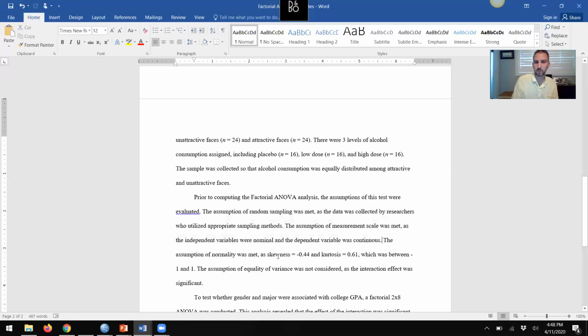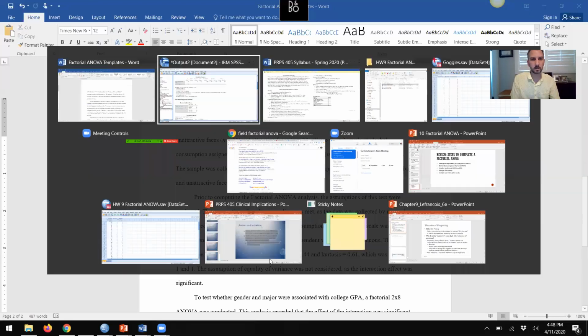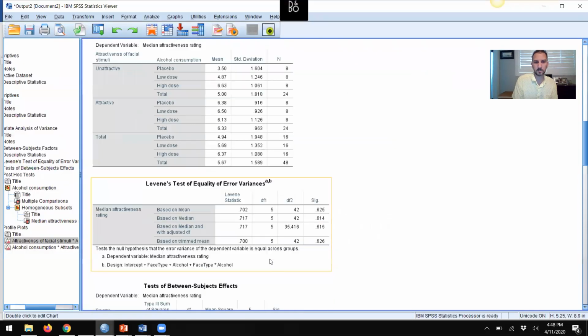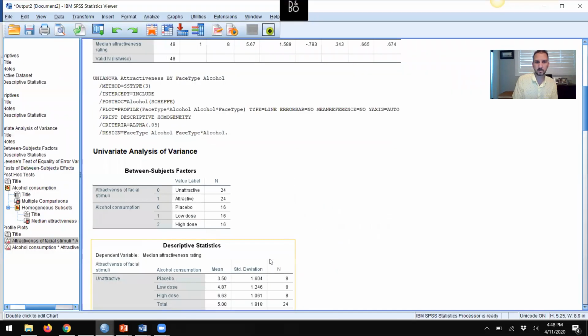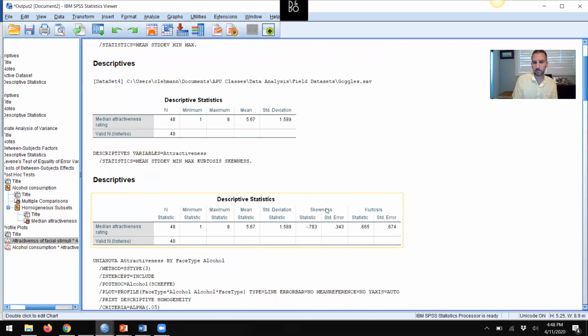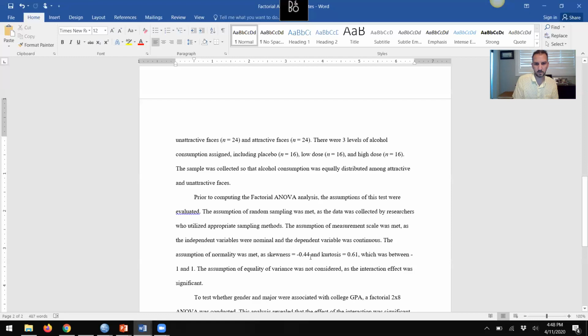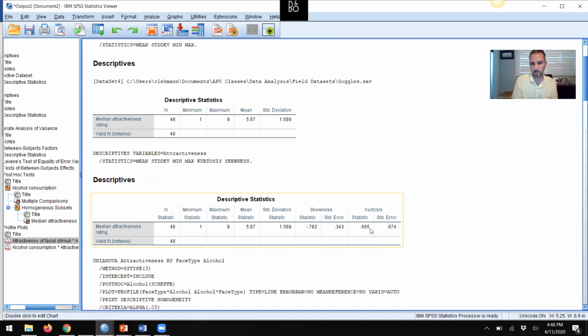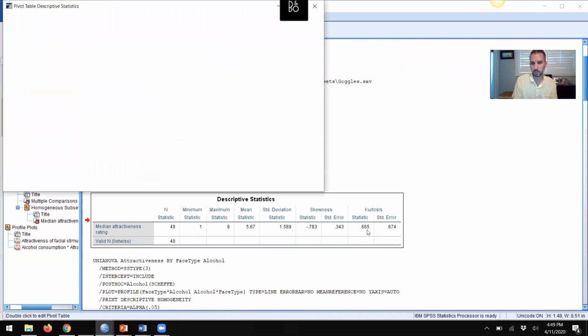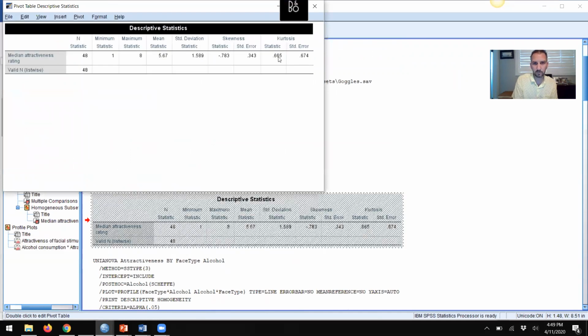All right, the assumption of normality. All right, was that met? Well, in our example, I ran the descriptive statistics, that's up here, and we had skewness of -7.8 and kurtosis equals, well, this is one of those tricky times, it's 0.66, but is the 0.5 higher than?